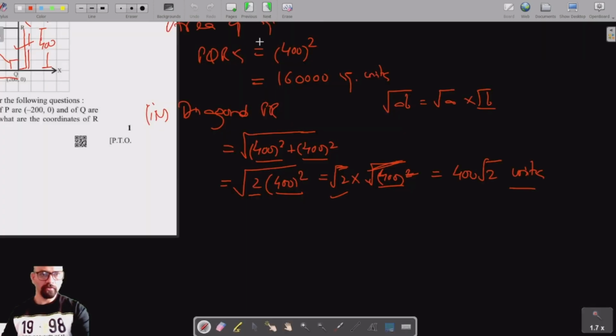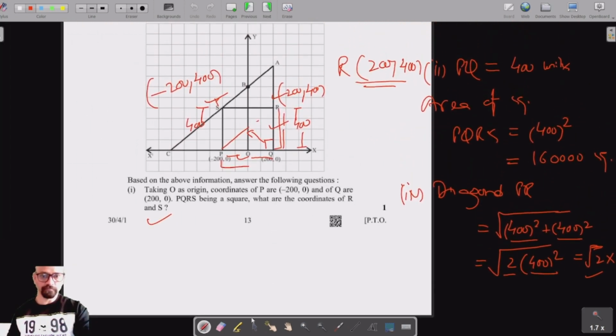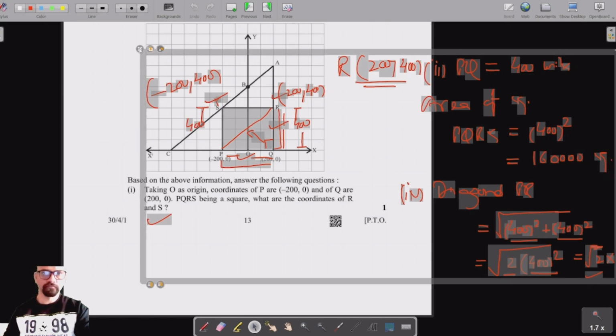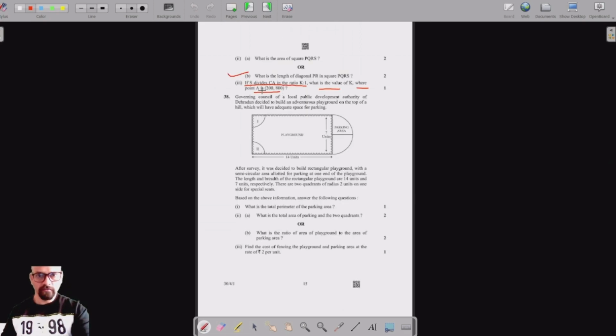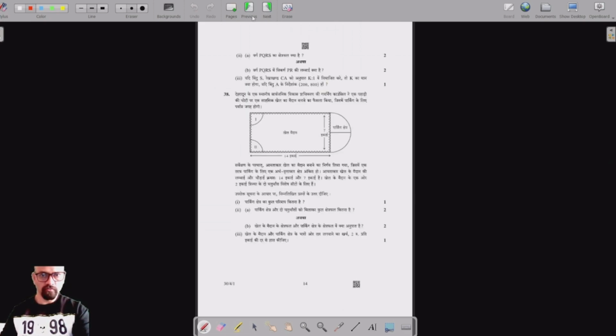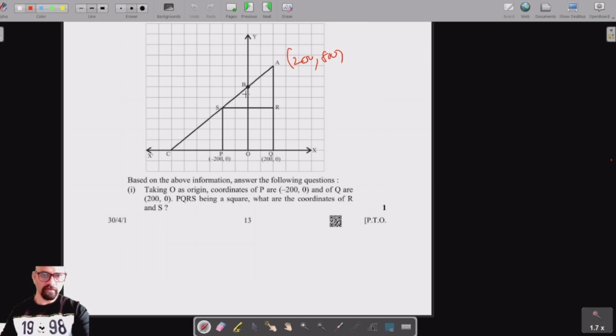So the point A is 200 comma 800, and S divides CA in the ratio k is to 1.